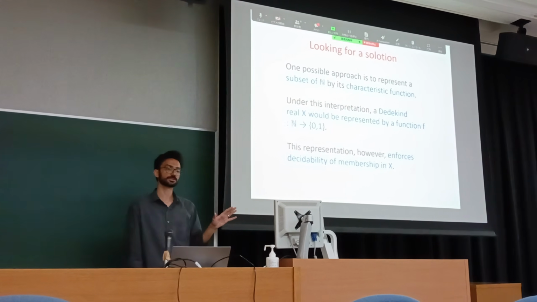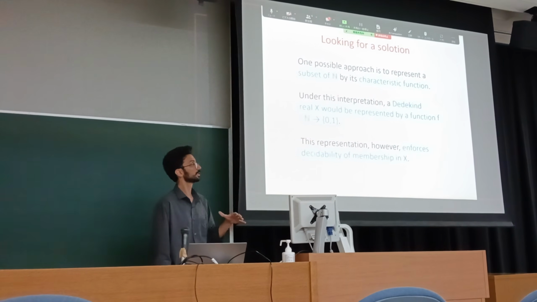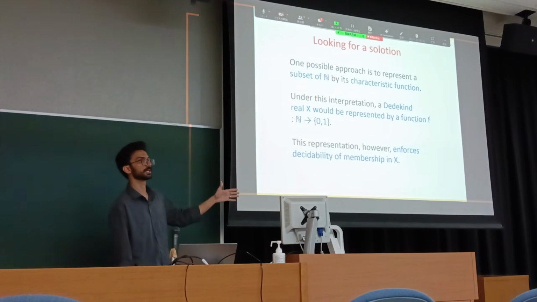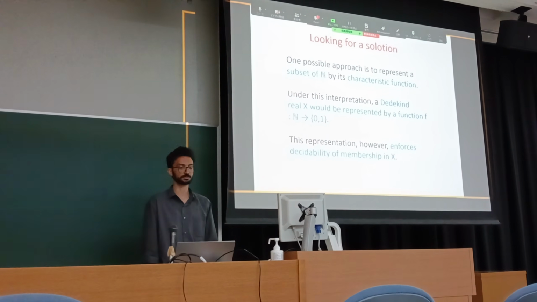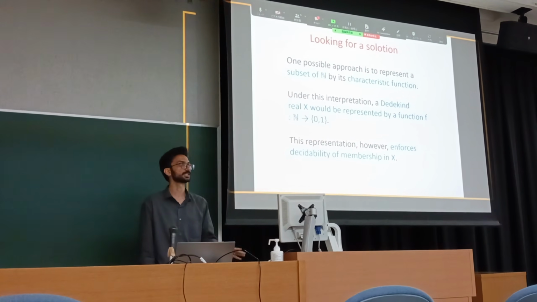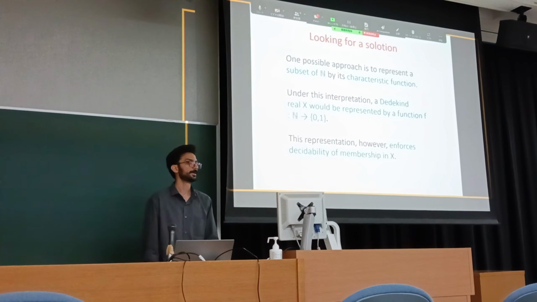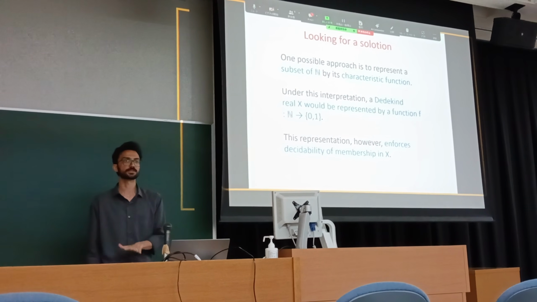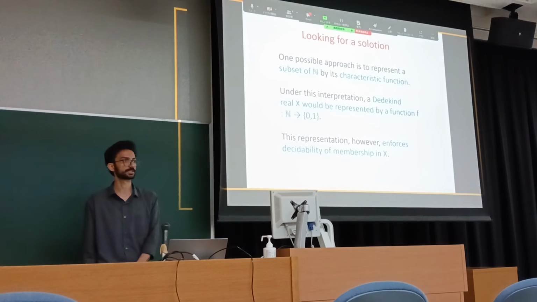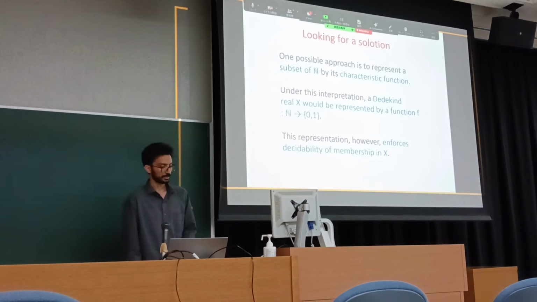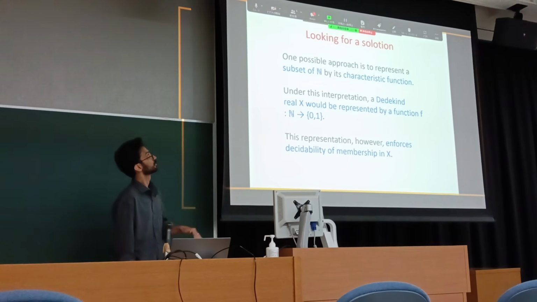But this interpretation enforces the decidability of membership in x, which is not good for constructive interpretation, because we don't want our Dedekind reals to be decidable. In constructive mathematics, it is not the case that all Dedekind reals are decidable sets. So this approach fails.